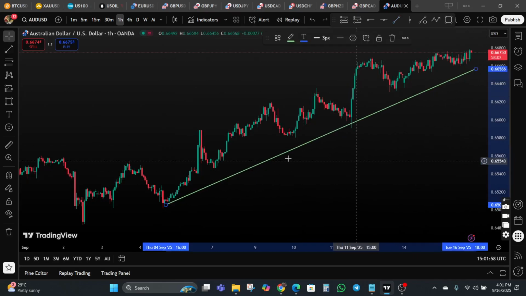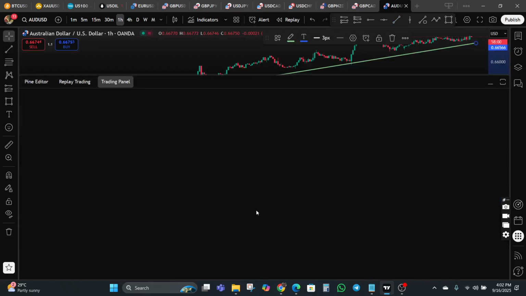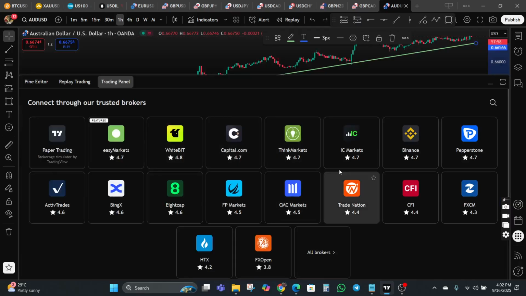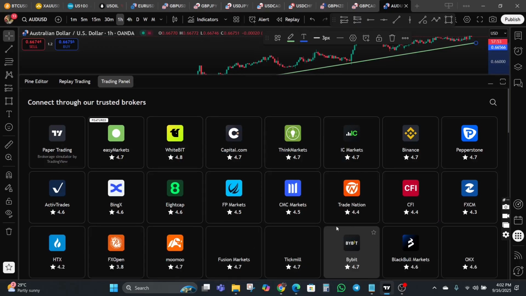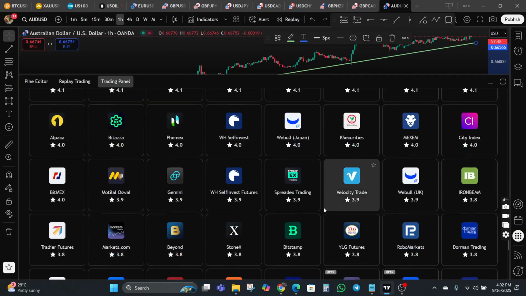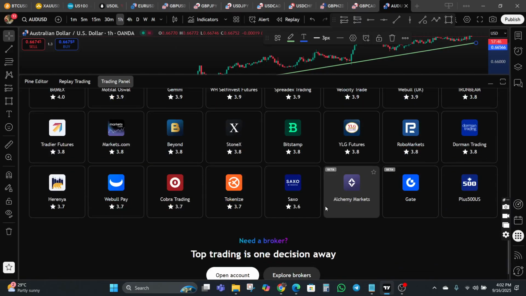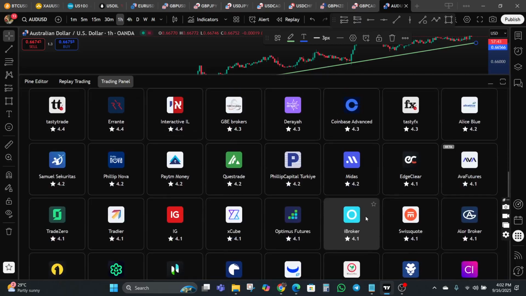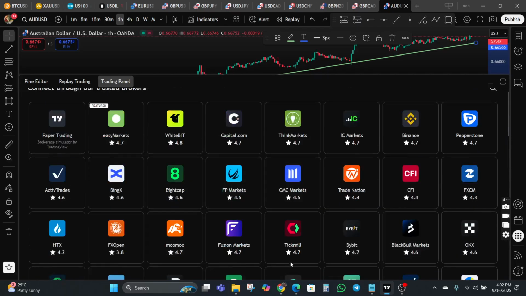If your broker is not available on the TradingView platform for you to sign into your account right there, then you might need to execute your trades outside TradingView.